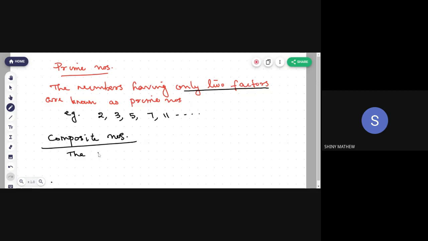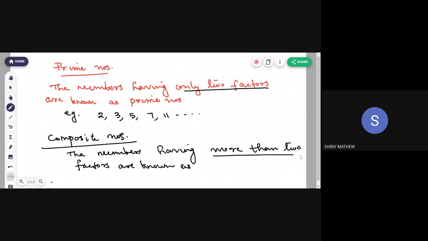Then you can write: the numbers having more than two factors are known as composite numbers.